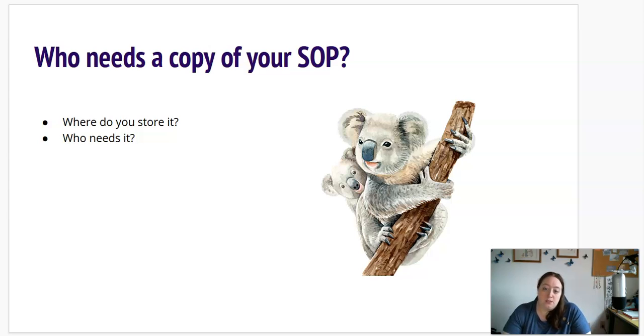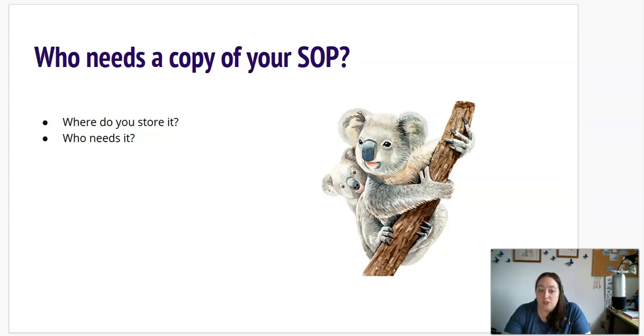The other thing is, when you have the SOP already in place and you hire people on your team to help you with this stuff, you can easily give them a copy of your SOP so they have the information that you already have for your business. It's easily accessible to them and they know exactly what they need to do.